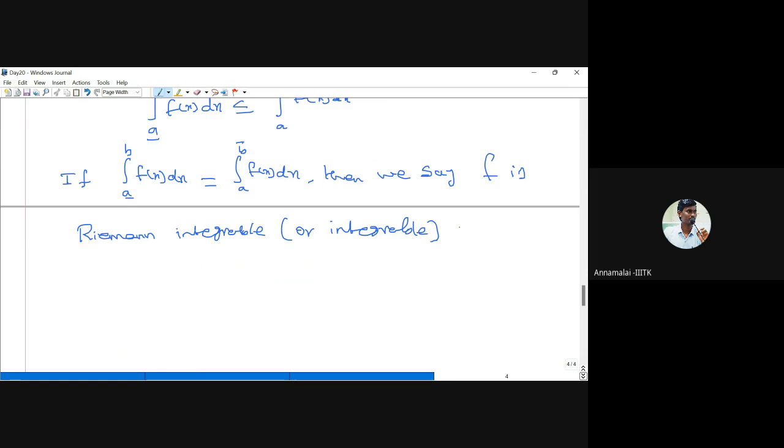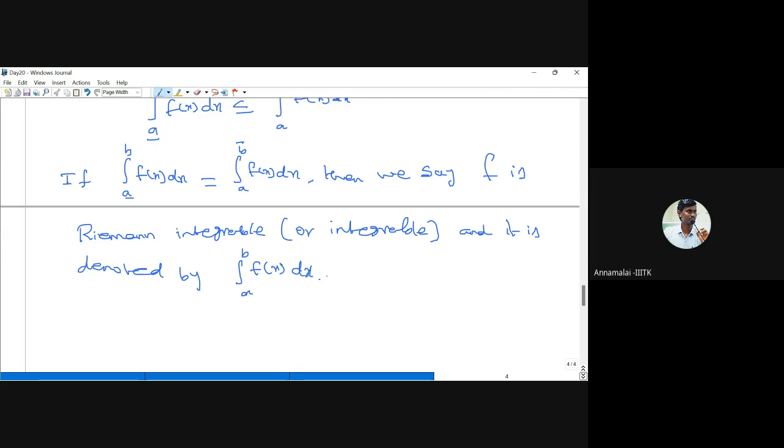And the common value is denoted by just integral a to b f of x dx.